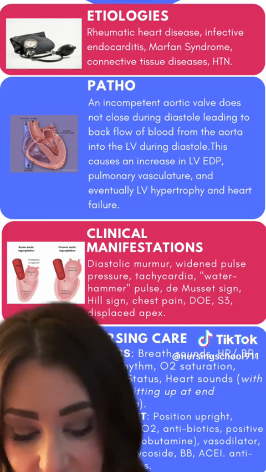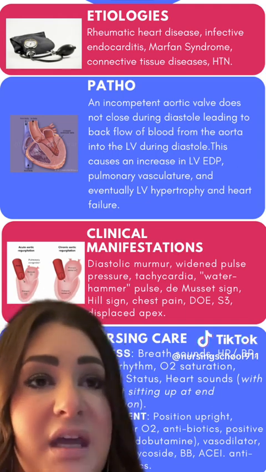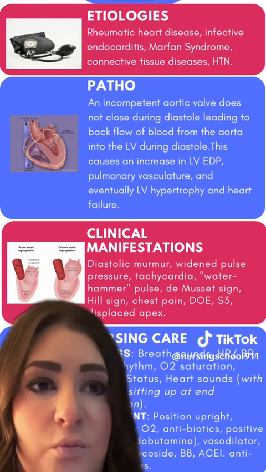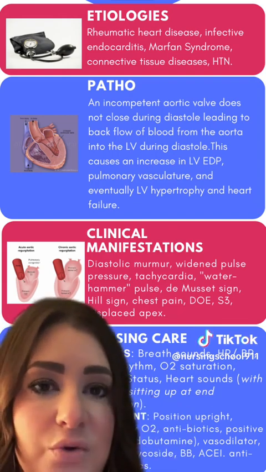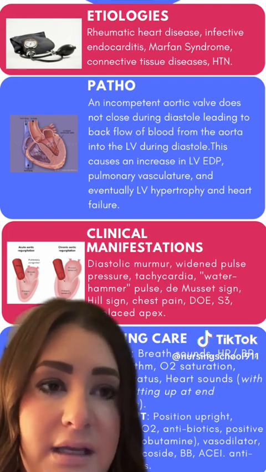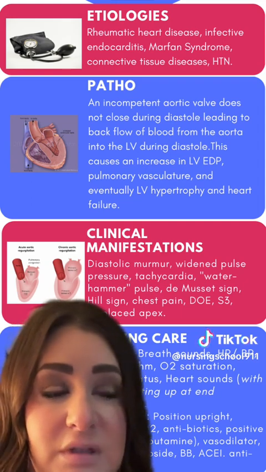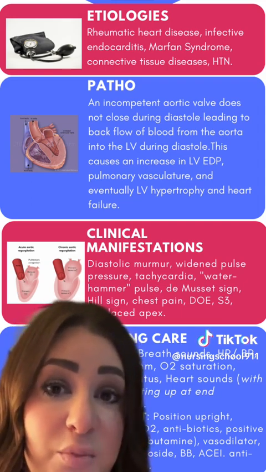You'll see something called Hill sign. So a Hill sign is a very, very pronounced difference in blood pressure down in the lower extremities, most significantly in the popliteal pulse.